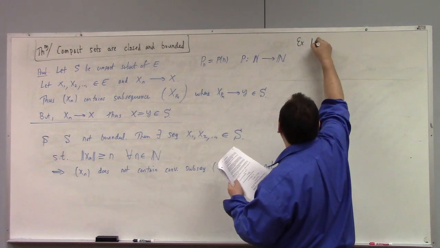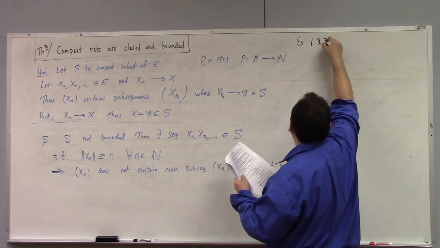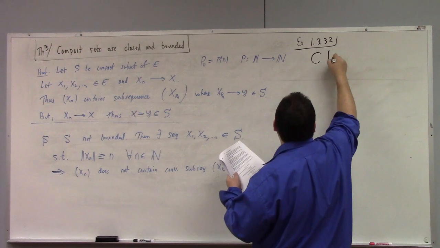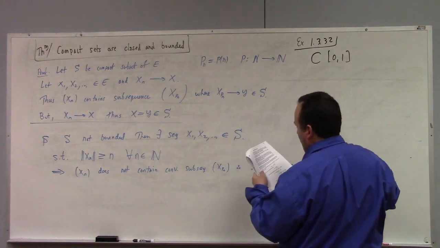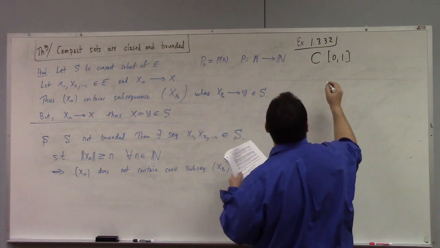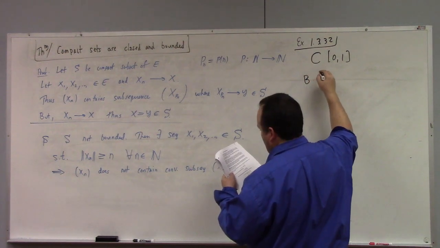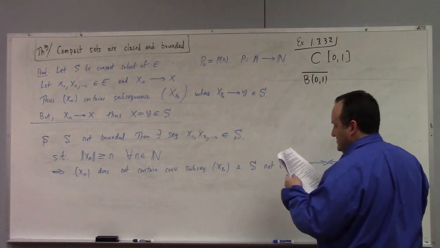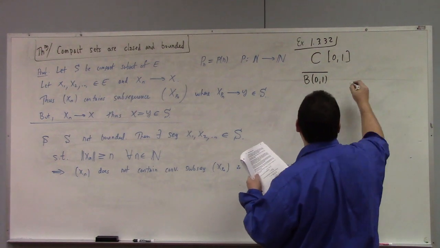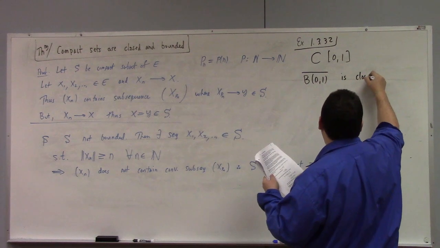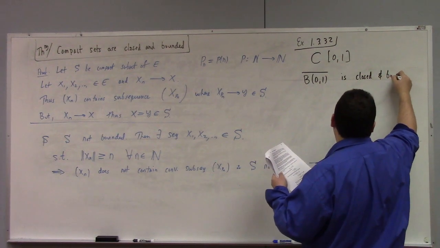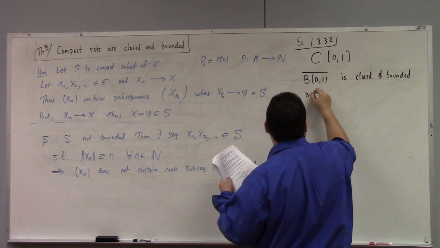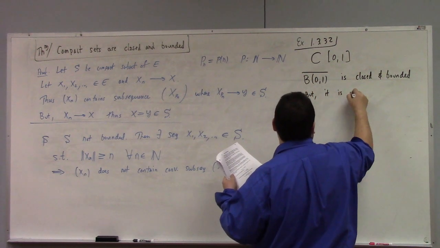So his example 1.3.32, I will admit I don't understand. He's got the continuous functions on 0 to 1. He points out the closed unit ball is a closed and bounded set, but it is not compact.